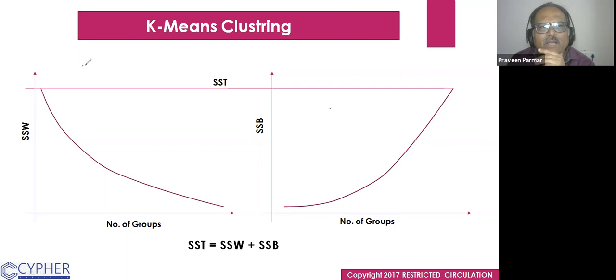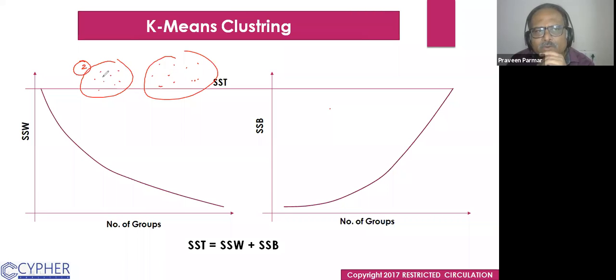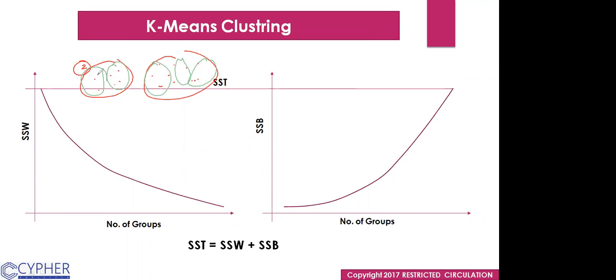If you have two groups, then in each group you have so many points. Got it? If you are increasing the number of groups, what will happen? The number of groups is increasing, so SSW is decreasing or not?